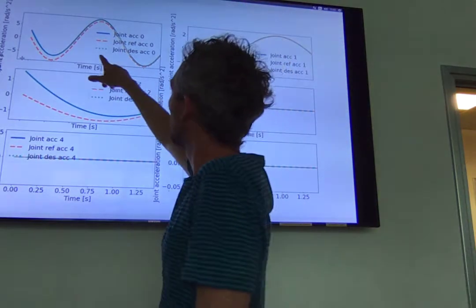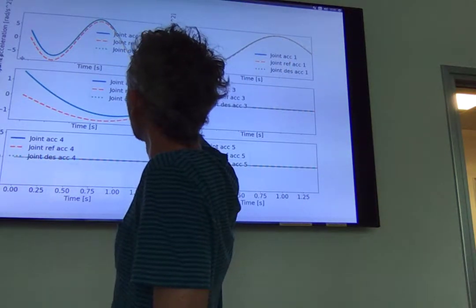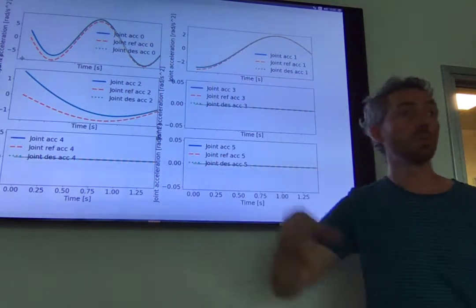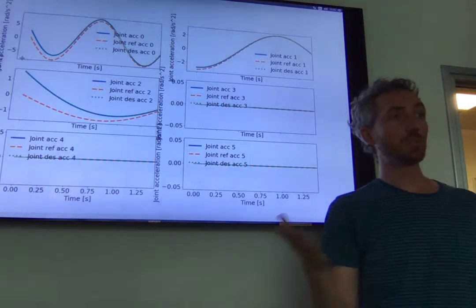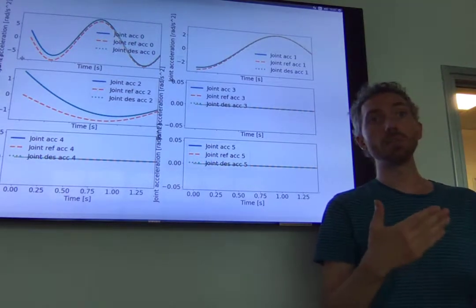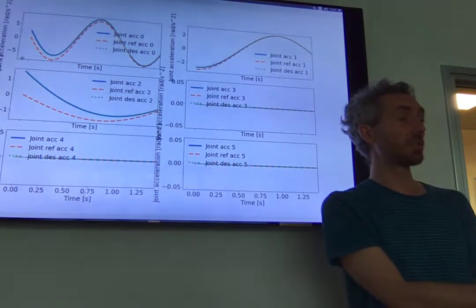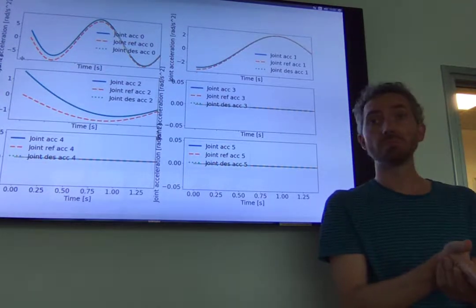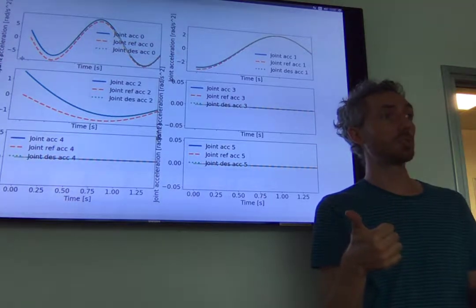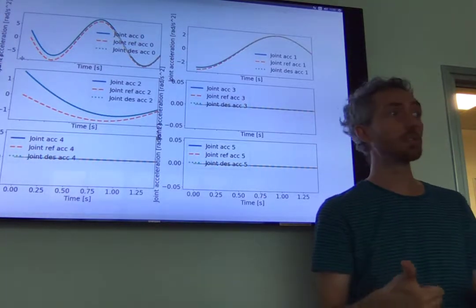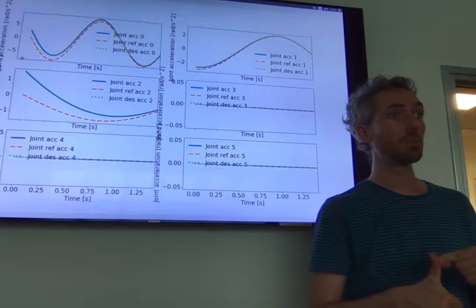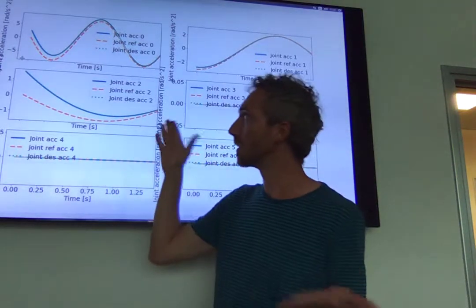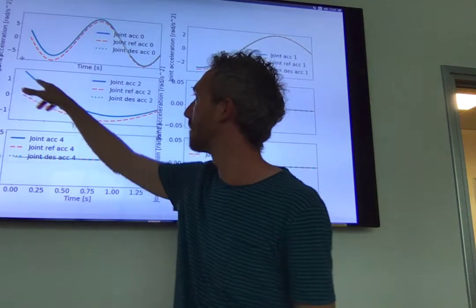So you always get the real acceleration, which is equal to the desired acceleration, because basically the controller is always able to achieve the acceleration that you ask for. And why shouldn't it? I mean, there is only one task to achieve, which is tracking the desired acceleration. So you cannot have any conflicts. That's why in this specific case, you get this match.